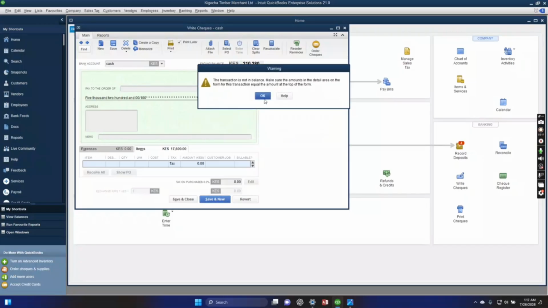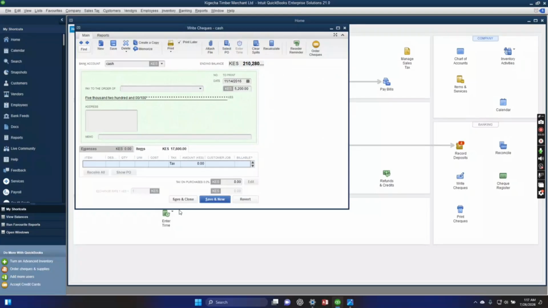Let's see if it will pop up. I will add the amount here.